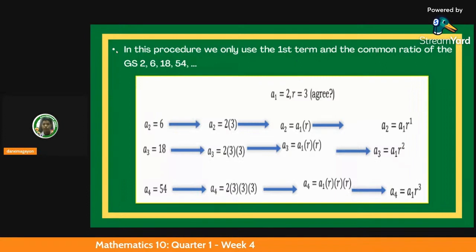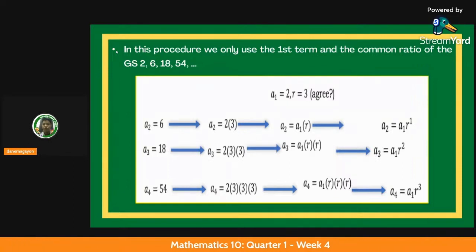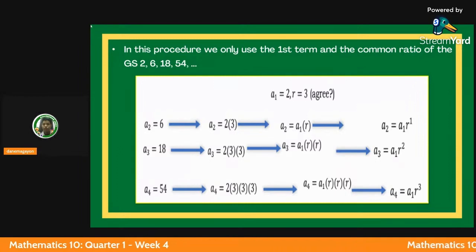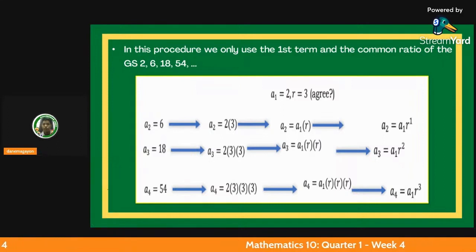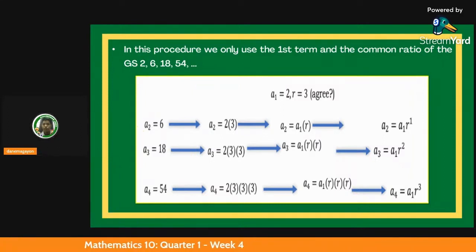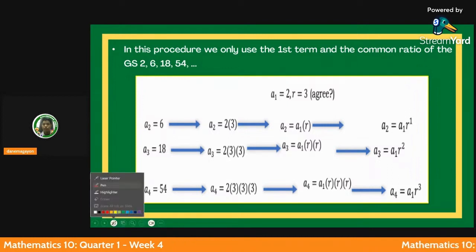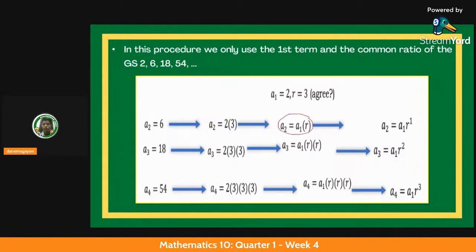Itong part na to is tinry ko natin i-generate sa room, di ba? Diniscuss na natin. So given a sub 1 as 2, then r is equal to 3, we will try to solve for the value of a sub 2, a sub 3, and yung value natin for our a sub 4. Diba pinakita ko doon sa discussion last time na in order to get the value of a sub 2, ang kailangan nating value is yung a sub 1 times r.